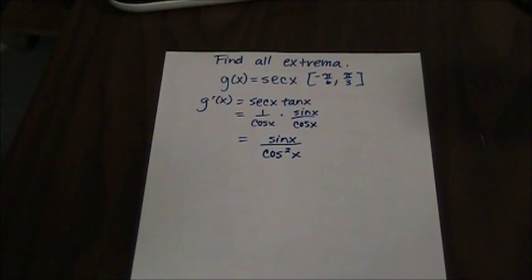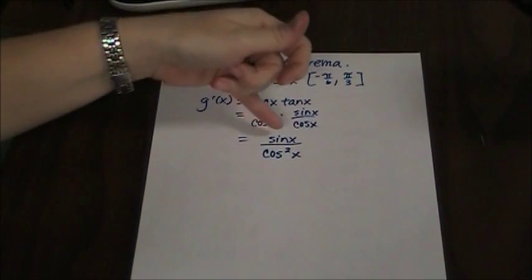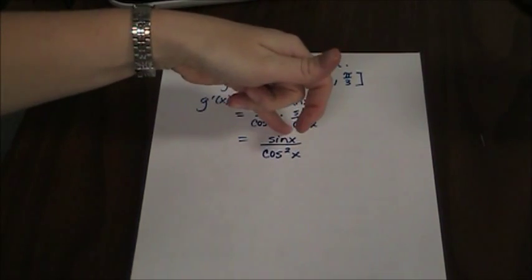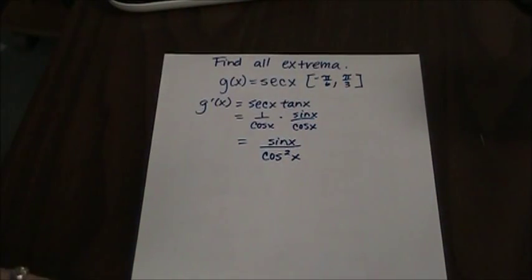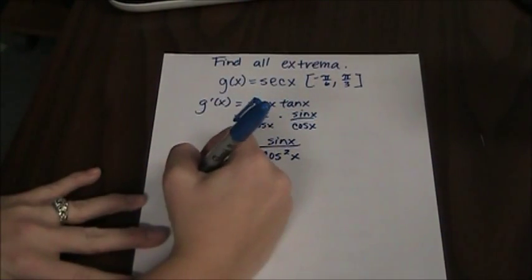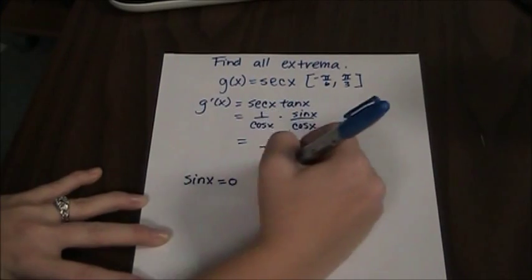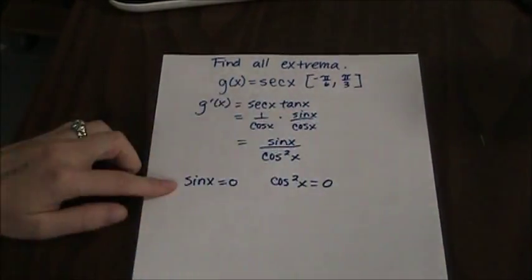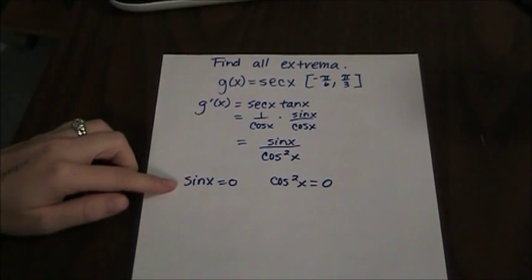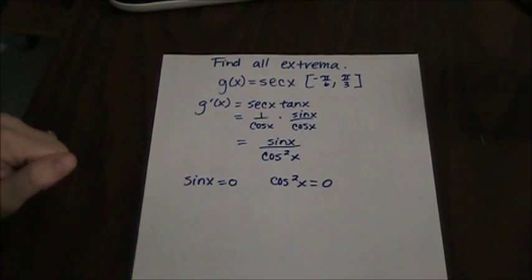So now I have a quotient. And so it's really easy to see at this point that where sine of x equals 0, the derivative will be 0. Where cosine squared of x is 0, the derivative will be undefined. I'm going to pull those out separately and solve them separately. Sine is 0 on intervals of pi.